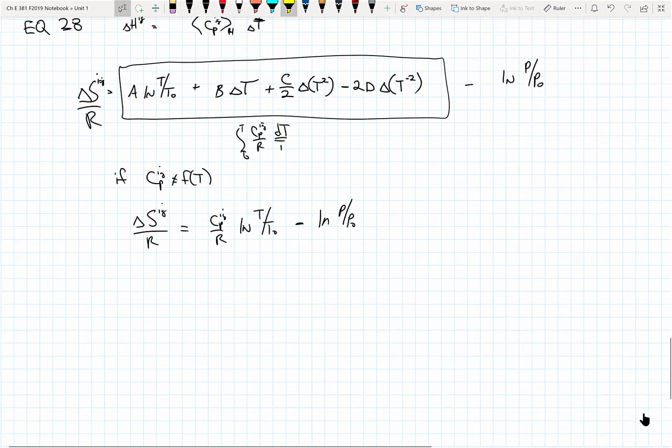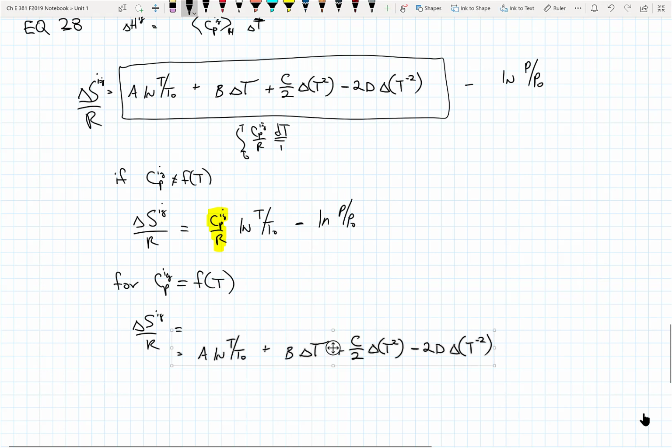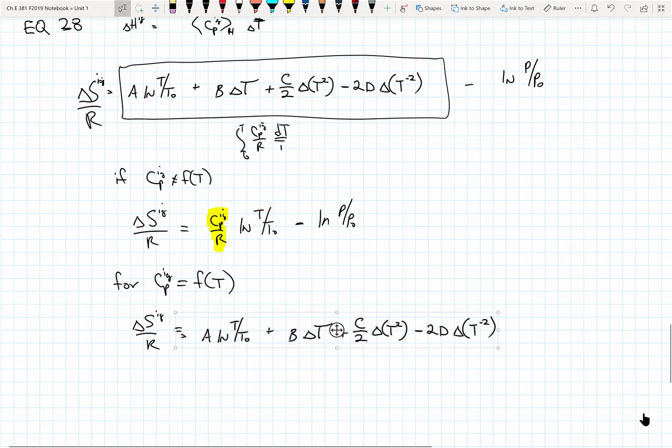All right, so now we want to define the mean heat capacity such that we can write the same thing, except we're going to replace this part with the mean value. So for C_P^IG equal to a function of temperature, what we're going to have is delta S^IG over R, and now that is going to be equal to this whole thing.